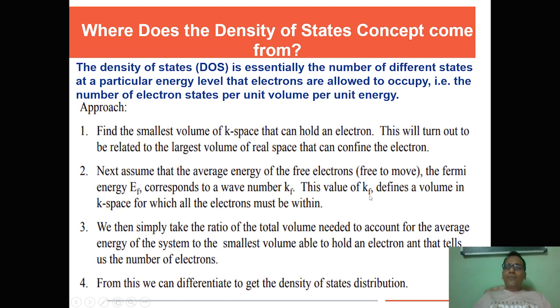This value of kf defines a volume in K space within which all the electrons must lie. We then simply take the ratio of the total volume needed to account for the average energy of the system to the smallest volume able to hold an electron. That tells us the number of electrons. So this is the approach, following three points, and from this we can differentiate to get the density of states distribution.